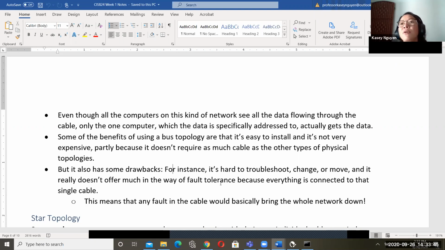Like if you're the mom that takes care of the kids, cooking, cleaning, everything, and you're sick and can't do it, then everything stops. So we don't want a single point of failure. We want fault tolerance, meaning redundancy, multiple systems that will pick up the chore, pick up the task in case one goes down.